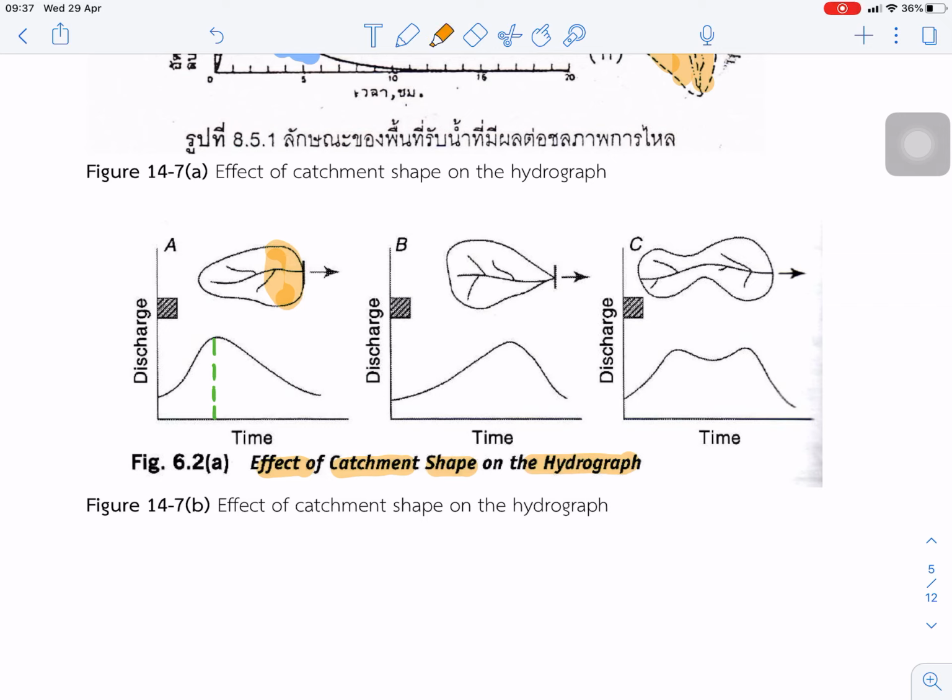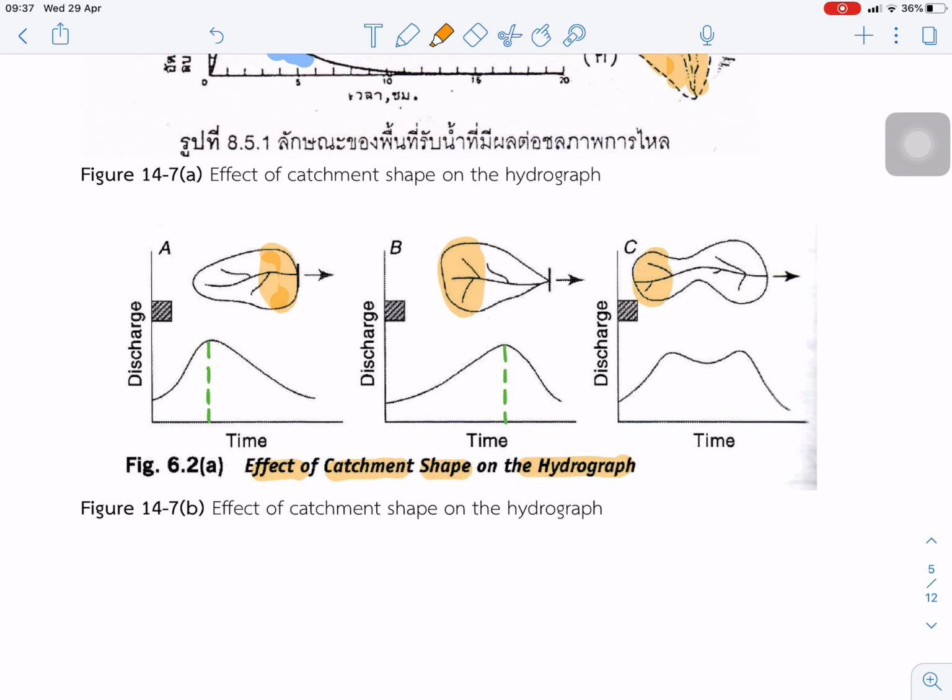If the main part of the catchment is upstream, we expect the peak of the flow to come later. And if you have a shape with parts close to the outlet and upstream, we expect two peaks of flow to come to the outlet.